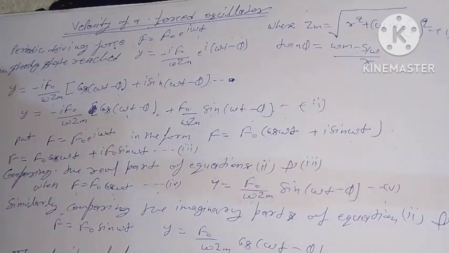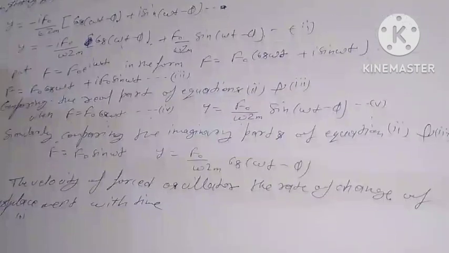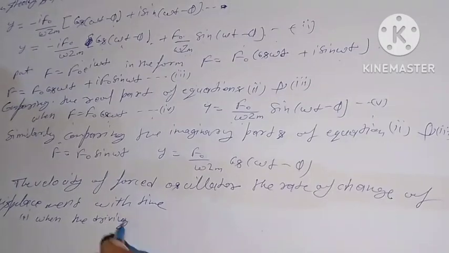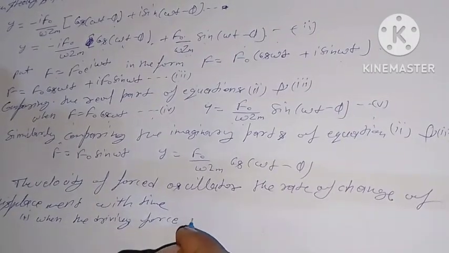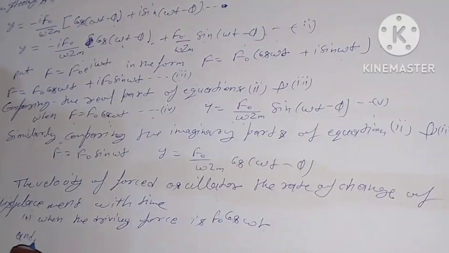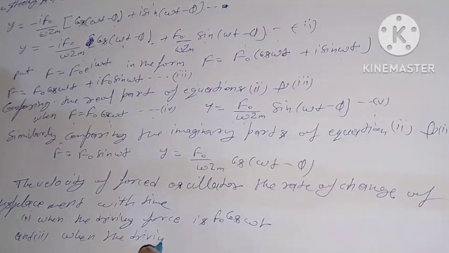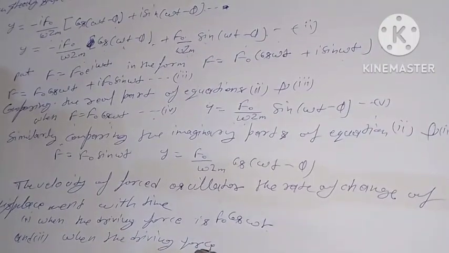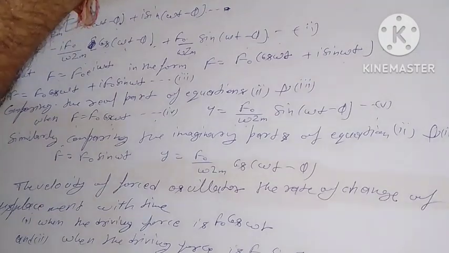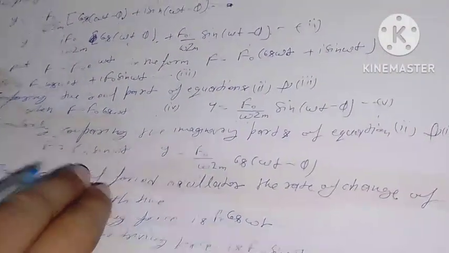We shall calculate velocity first when the driving force is F naught cos omega t, and second, when the driving force is F naught sin omega t.